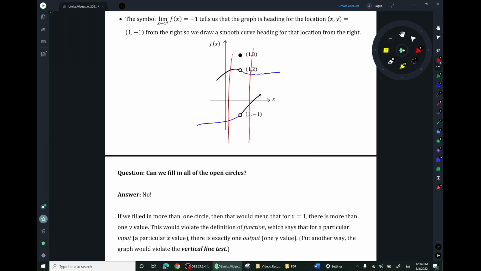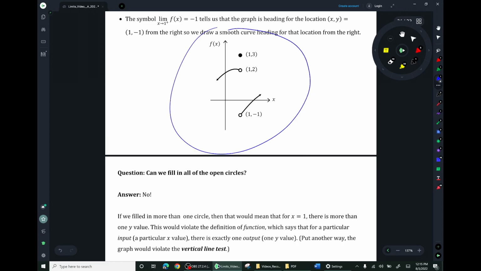So those blue extensions, although they look perfectly reasonable, they are not valid as part of the graph of a function. Remember that our graph was supposed to be the graph of a function, f of x. So the finished product needs to be a drawing that qualifies as the graph of a function.